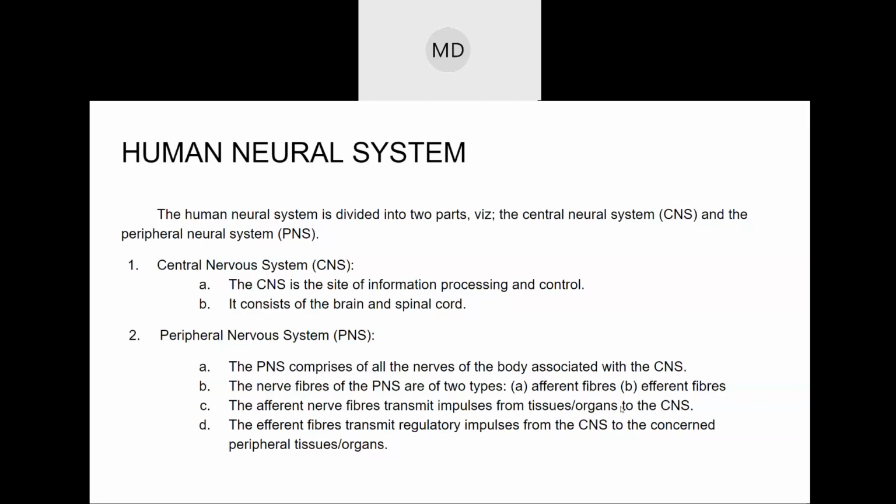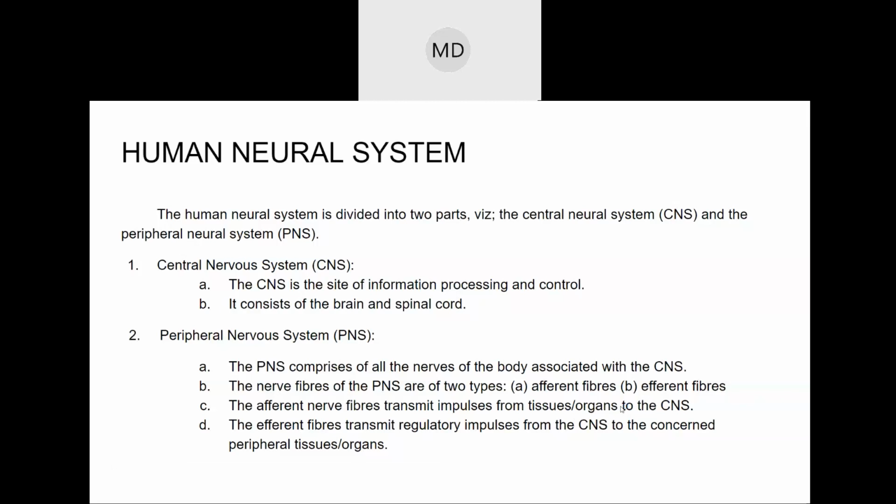Then the brain will process the information, and it will send a signal to your legs or your body, so that you move away from that particular ditch or hole or mud, and you don't dirty yourself, right? The impulse that is transmitted from the CNS, that is from the brain, to your organs is done by efferent fibers.